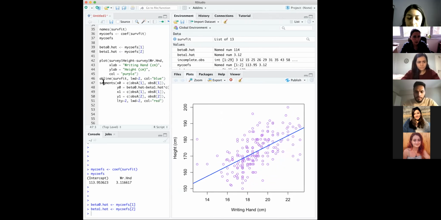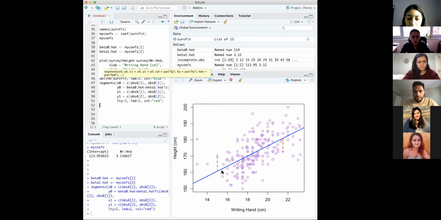So we are going to add these segments for my two observations, okay? Here is my first observation A, and this guy is my observation B. And we see the distance between this observation and your regression line, and again your observation and regression line.